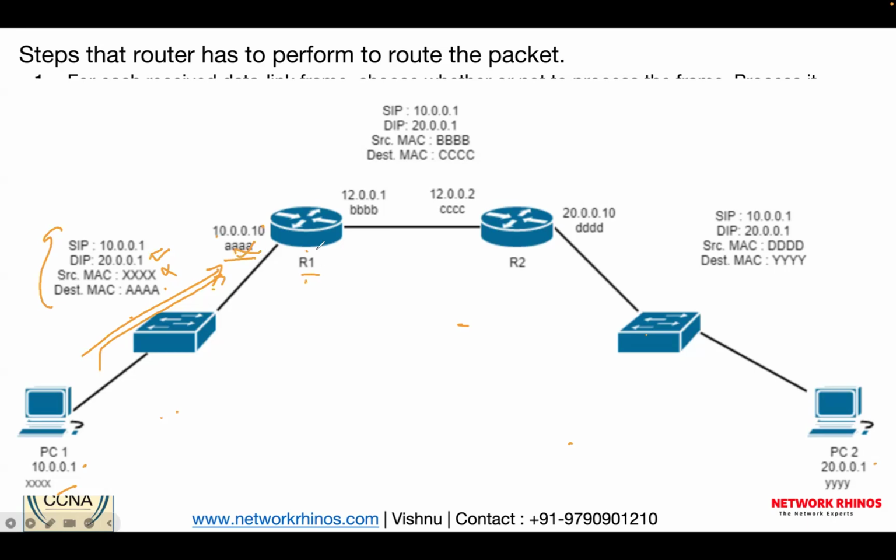Upon that, R1 will first check its routing table to understand if the destination IP is there in my routing table or not. Once it confirms that it is there in my routing table, I will find out the exit interface and next hop IP.